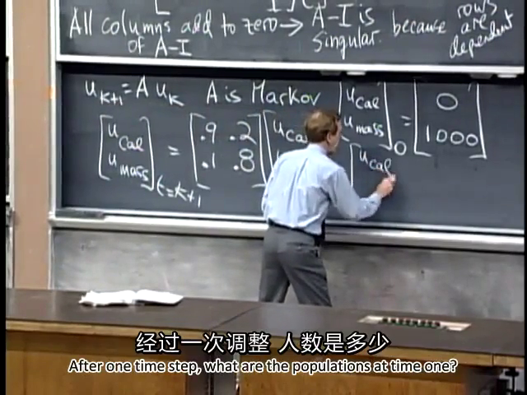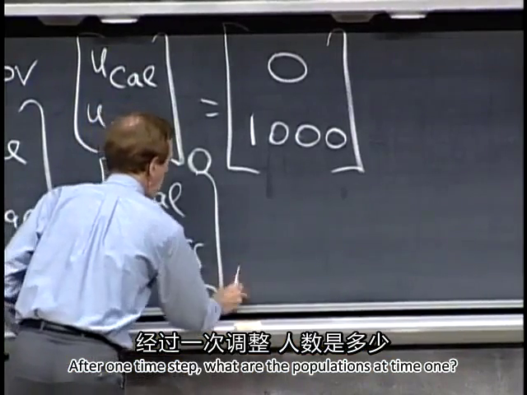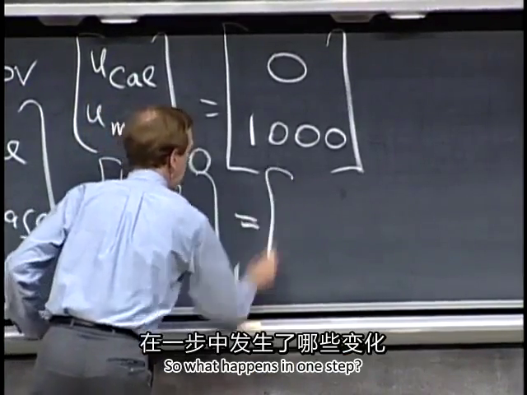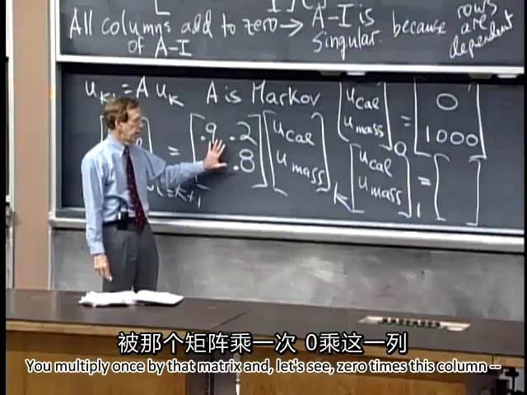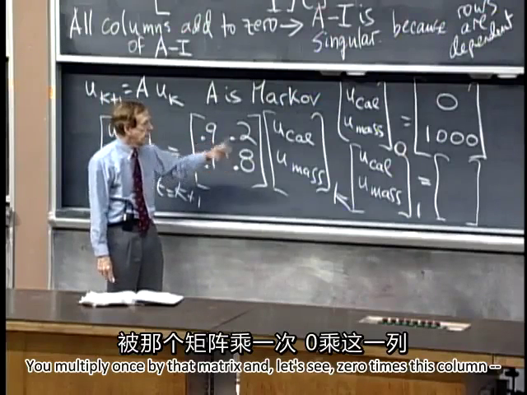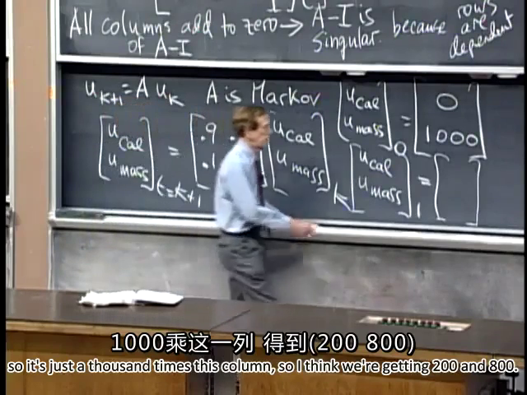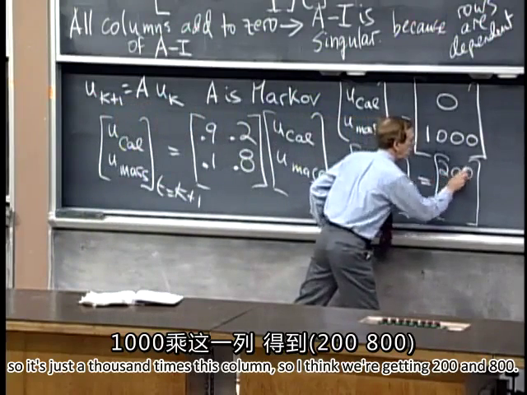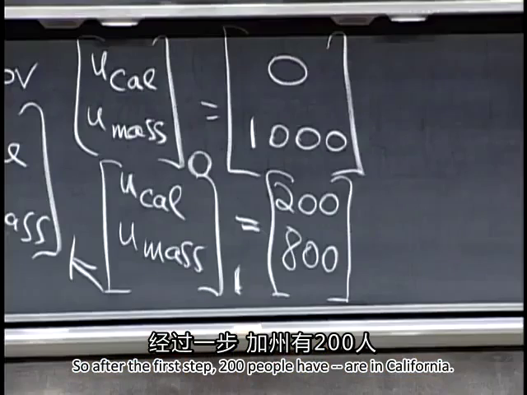After 1 time step, what are the populations? At time 1. So what happens in 1 step? You multiply once by that matrix, and 0 times this column, so it's just 1,000 times this column, so I think we're getting 200 and 800. So after the first step, 200 people are in California.